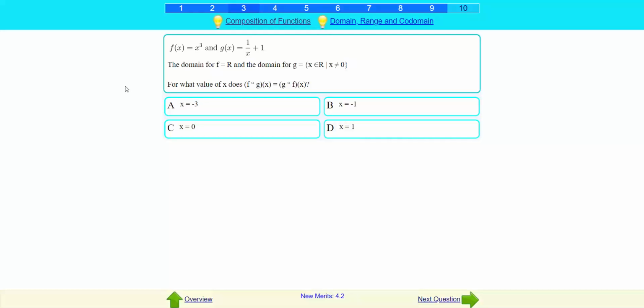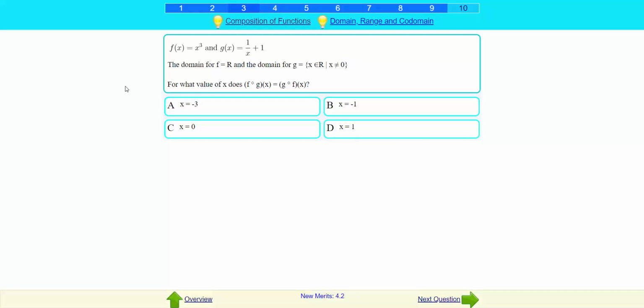I have a paper with me, so you could just simply do the same. So g of x is 1 over x plus 1, cubed. And for the other one, f of x, that's 1 over x cubed plus 3.